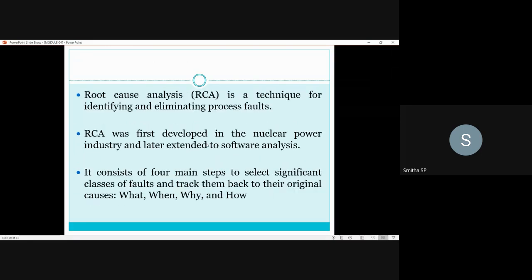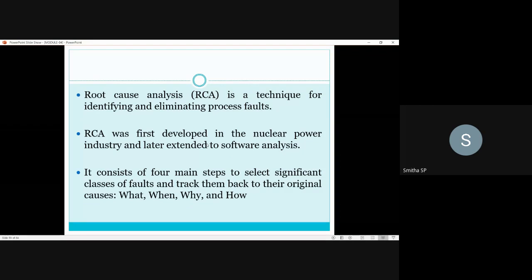And here, to improve the process, we are having a technique which we call the RCA technique. That is nothing but root cause analysis technique, where you will be using this technique for identifying the process faults and to eliminate those process faults. So it was first developed in the nuclear power industries and later it extended to the software field, that is to the software analysis.